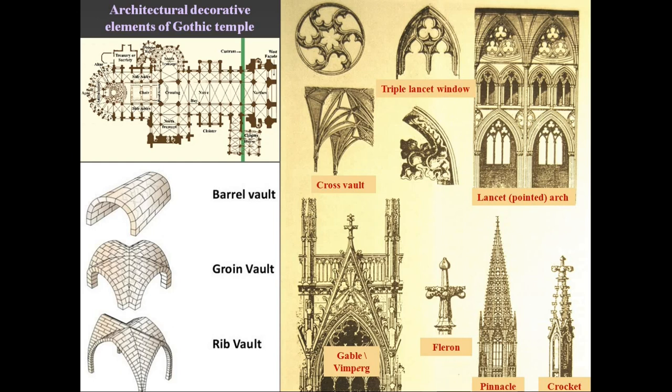sum up the terminology that we have considered today. These are architectural decorative elements of Gothic architecture. The typical plan of a Gothic period temple. I remind you that the basis of the structure is the basilica type, with the same elements that are typical for basilicas of the previous period and of the Byzantine period. But the difference is that the main part of the church is divided into bays.